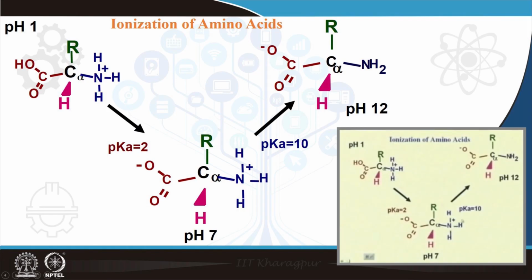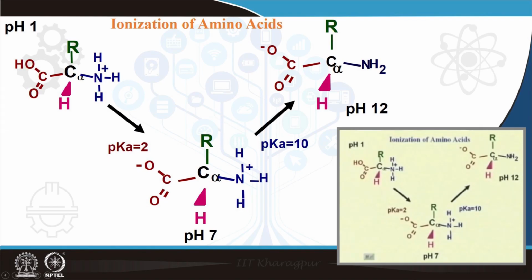I keep on increasing the pH, or rather I keep on adding more base. At a point, I will lose the proton that is attached to the amine group. Okay. So if I do an ordinary titration of the amino acid, I will get how many inflection points? 2.